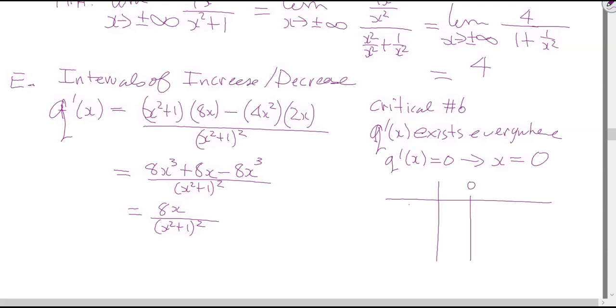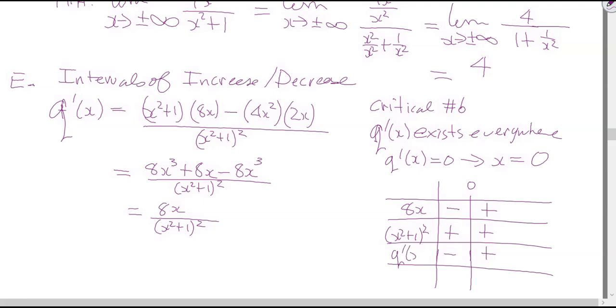So what do we got? X. Negative, positive, positive, positive, negative, positive.